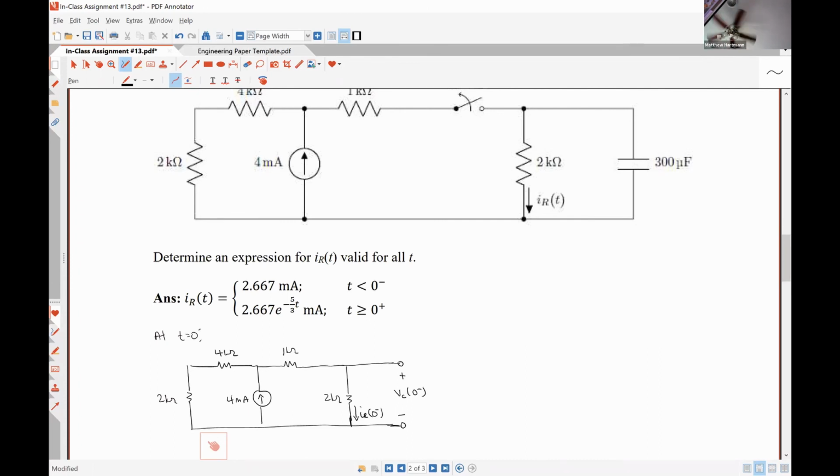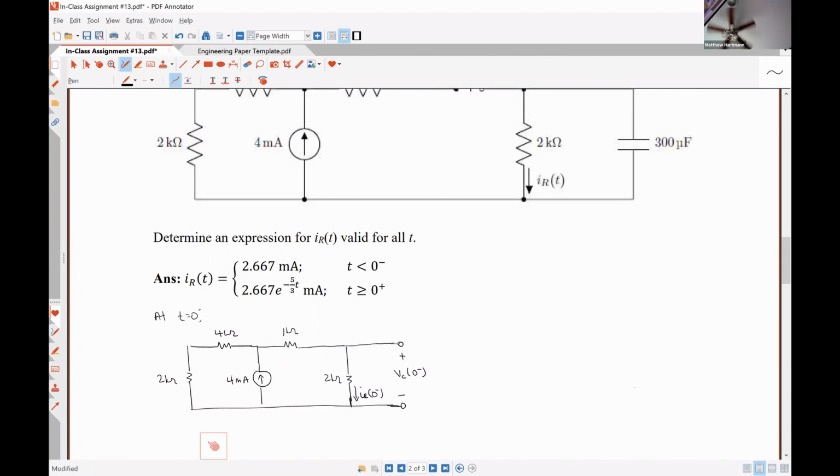So that requires some prior knowledge of what was going on there. All right, so I need to figure out what that IR is, and I also need to figure out what that VC is. Does anybody have any ideas on how I might solve for either of those two quantities?